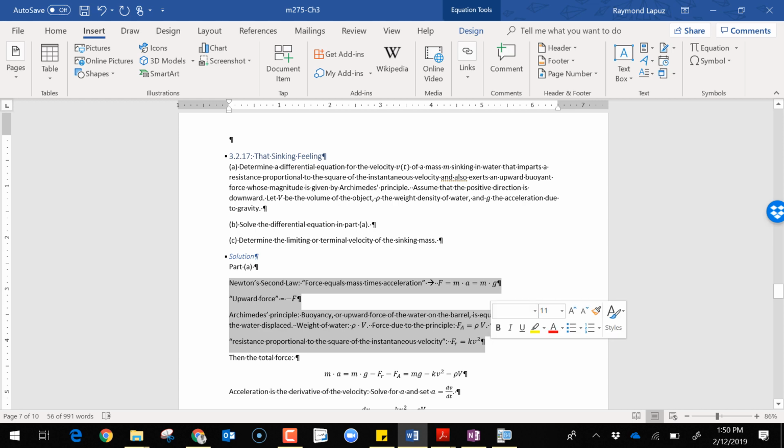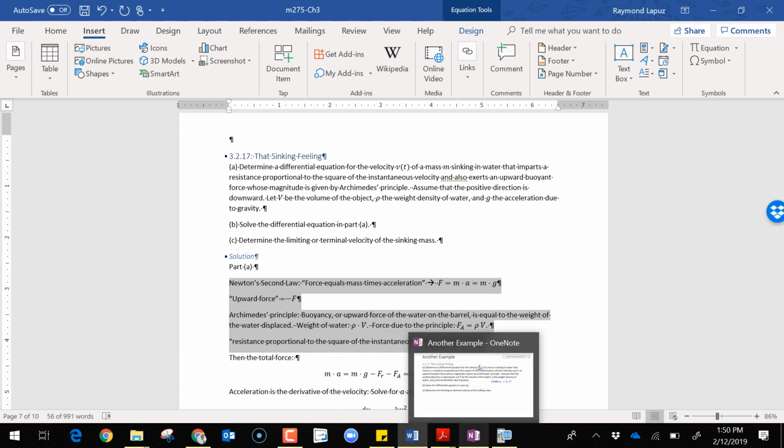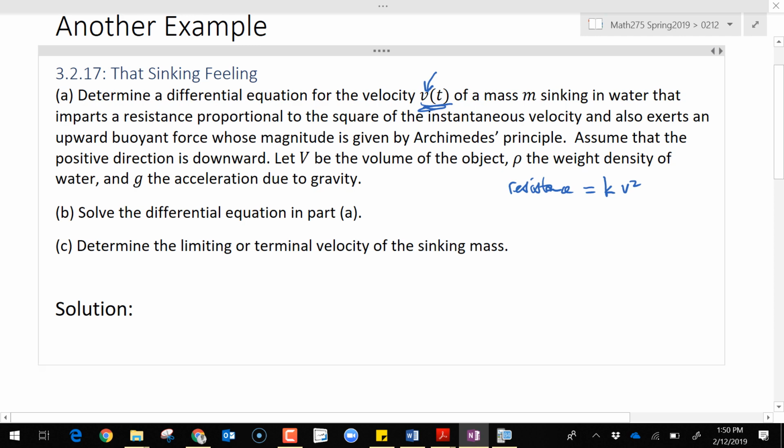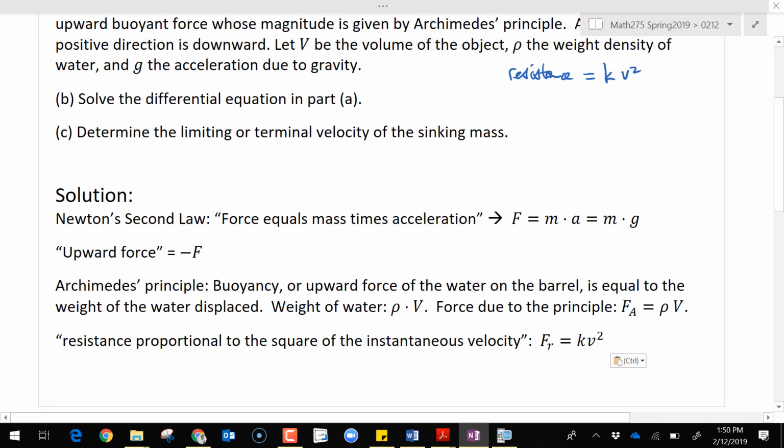Well, I have the solutions that I worked out here last semester, so let's see. Force is mass times acceleration according to Newton's law, and the phrase upward force was used here.